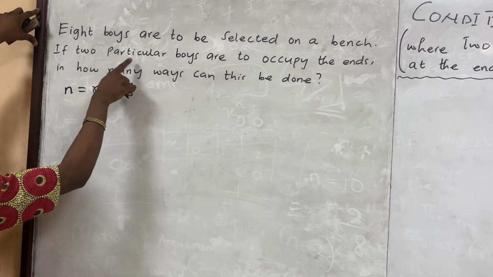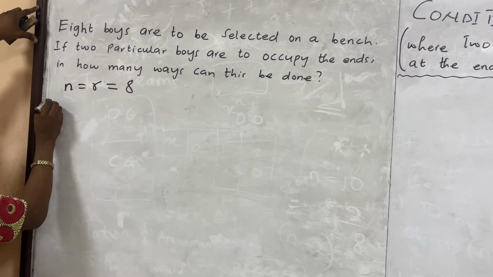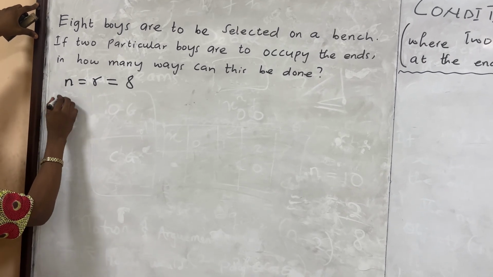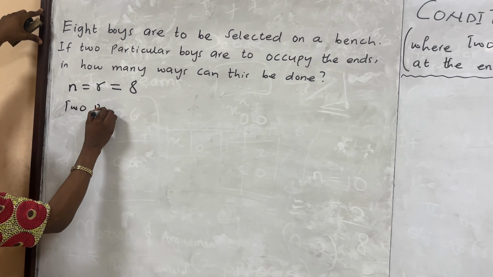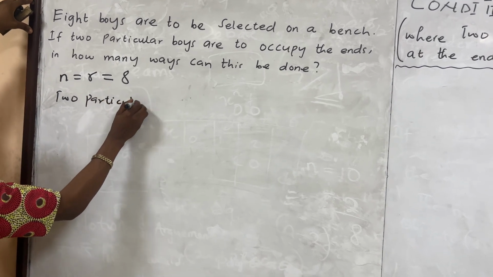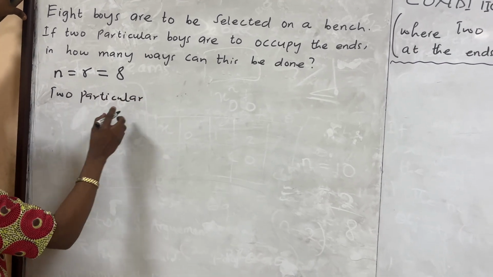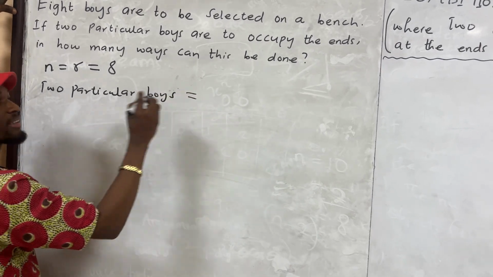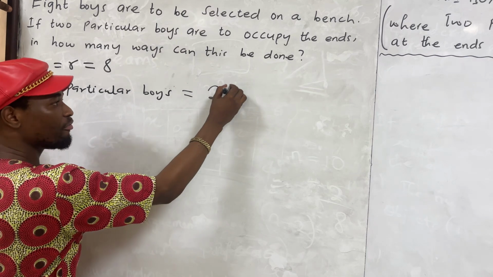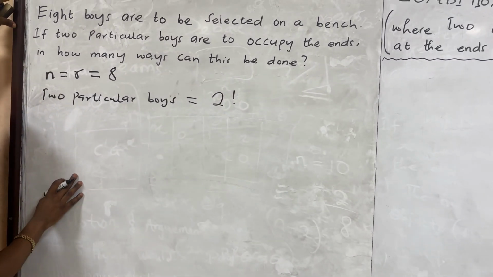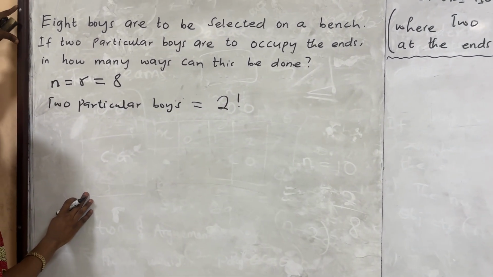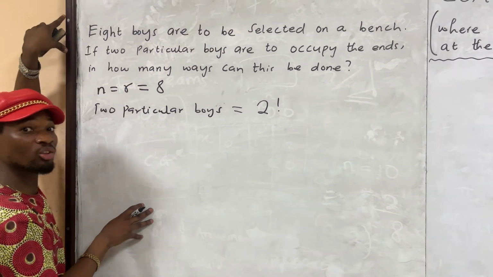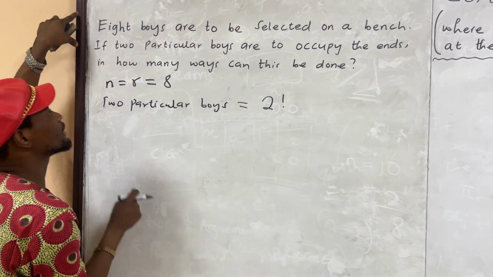Now those 2 particular boys, when you are arranging them, is 2 factorial. Do you get it that way? So 2 factorial means 2 times 1, which is the same as 2, right?